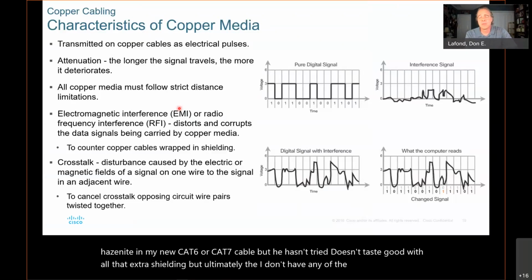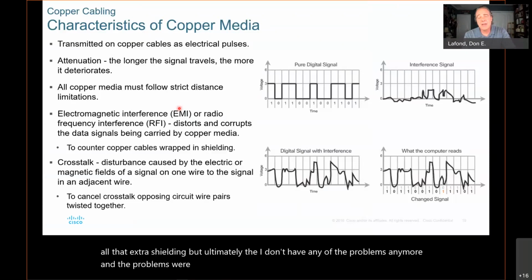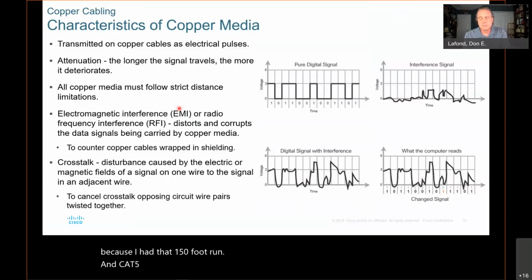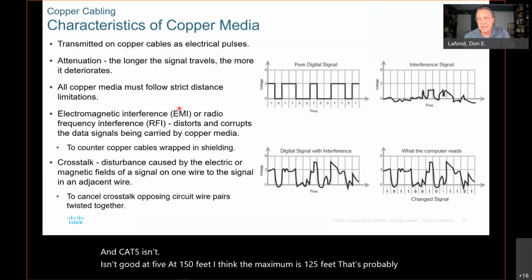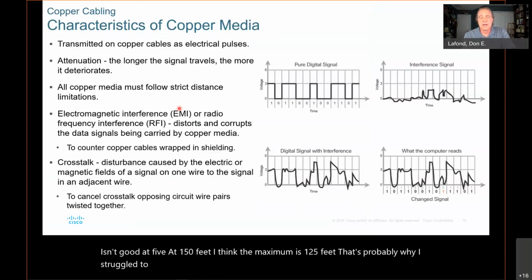And the problem was created by me, because I had that 150-foot run, and Cat 5 isn't good at 150 feet. I think the maximum is 125 feet. That's probably why I struggle to find 150 foot cable.